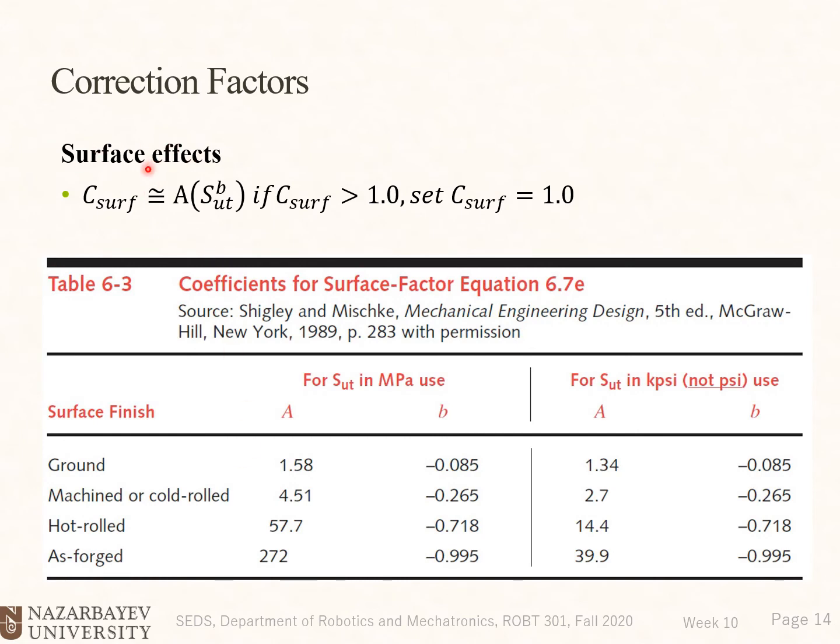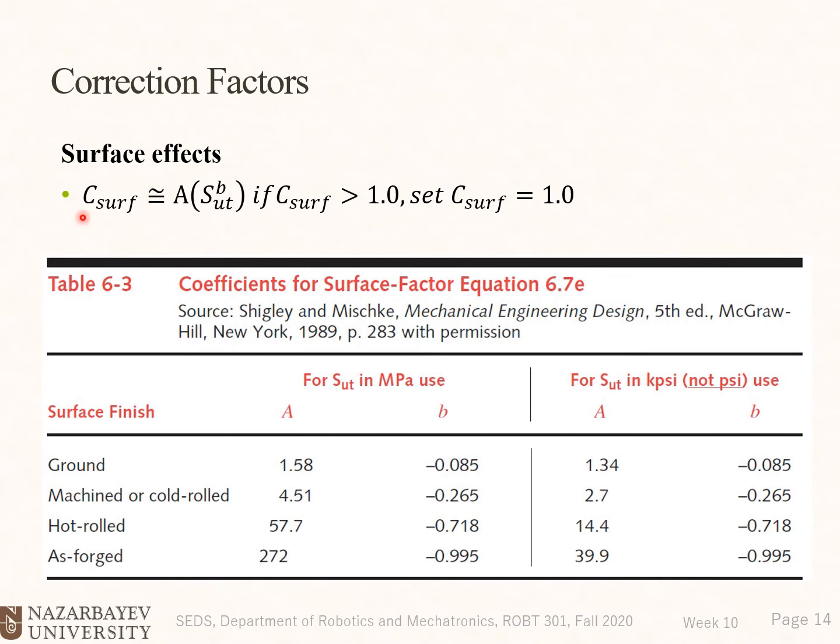Surface effect. So surface finish could be either ground or machined or cold rolled or hot rolled or forged. The reason the surface has an effect on fatigue strengths is that different surface finishing could have different effect on initiation of crack and propagation of crack.